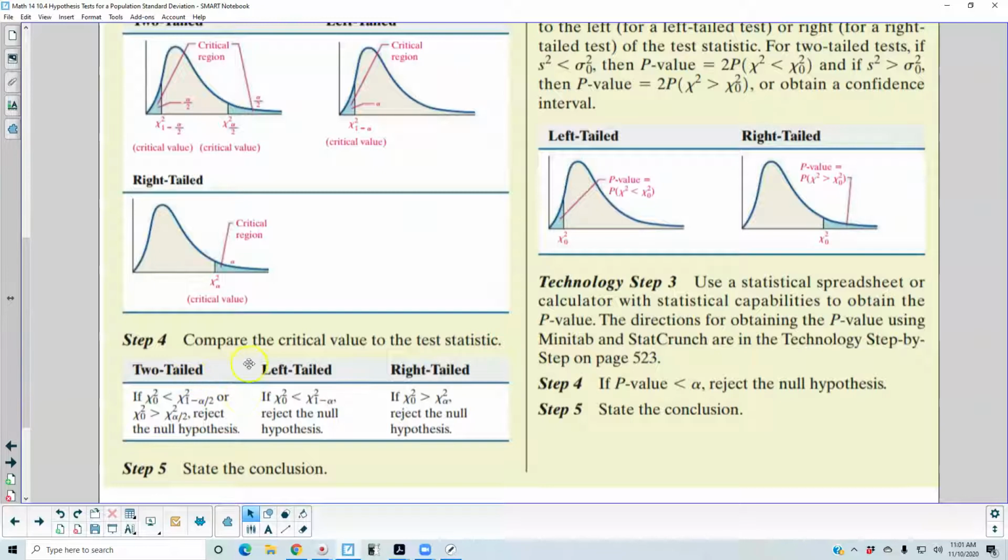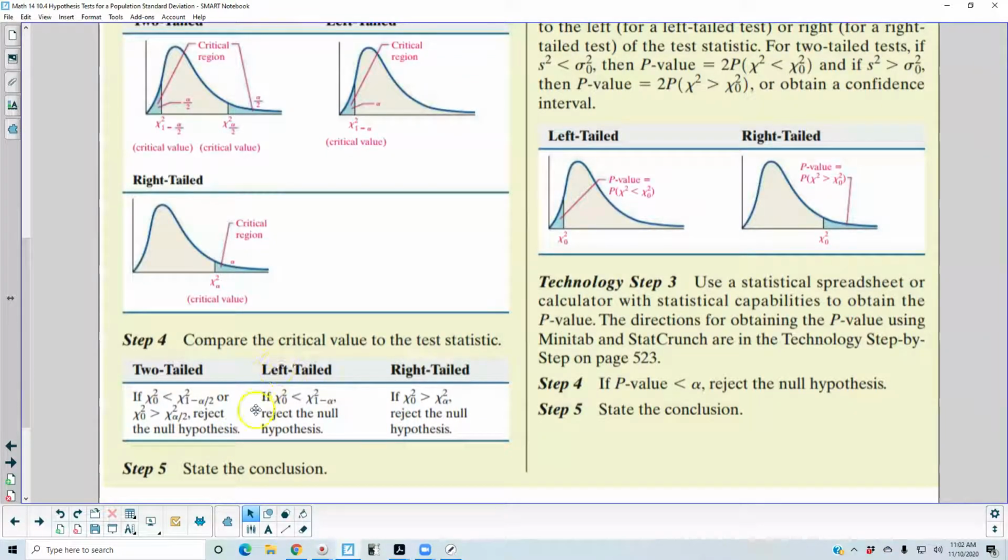And then step 4, we're going to compare the critical value to the test statistic that we got from step 3. Now, if the test statistic is less than the critical value on the left, or the test statistic is greater than the critical value here on the right, then we're going to reject the null hypothesis.